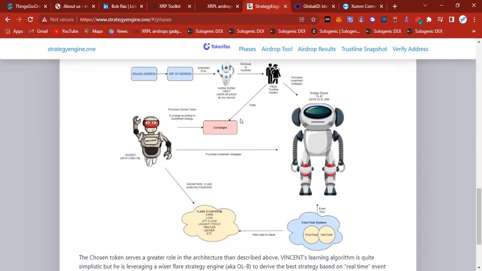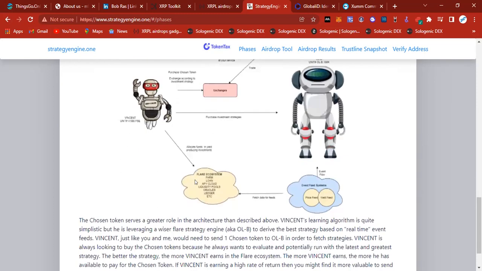Once we sell our tokens, it's another robot called Vincent that will buy our tokens or exchange them accordingly to the investment strategy that Vincent himself has bought from OLB 100K. That is another bot. This bot's purpose is to find Flare investment strategies and XRPL token investment strategies.